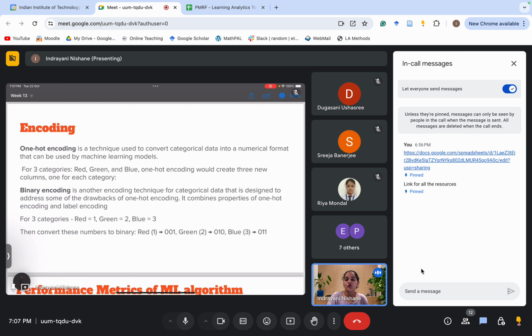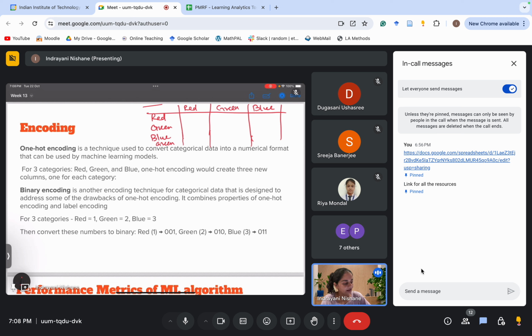So what one hot encoding will do, I will write it down here: red, green and blue. It will create 3 columns like this, because these are 3 possible values. Suppose we have a 4th value in the data as green, but the possibilities of this variable are only 3.